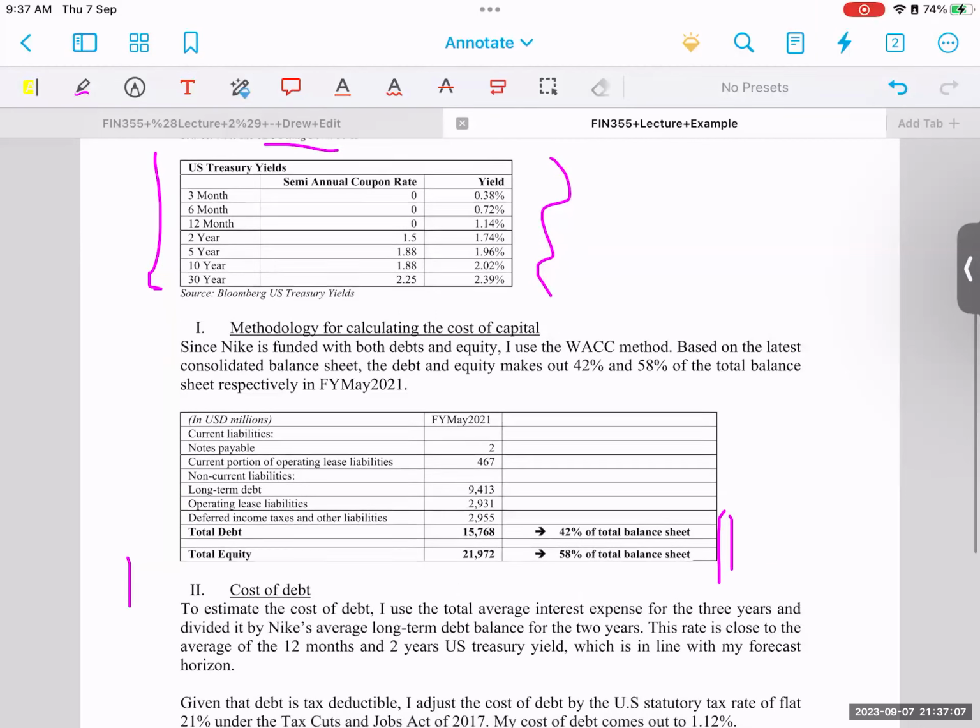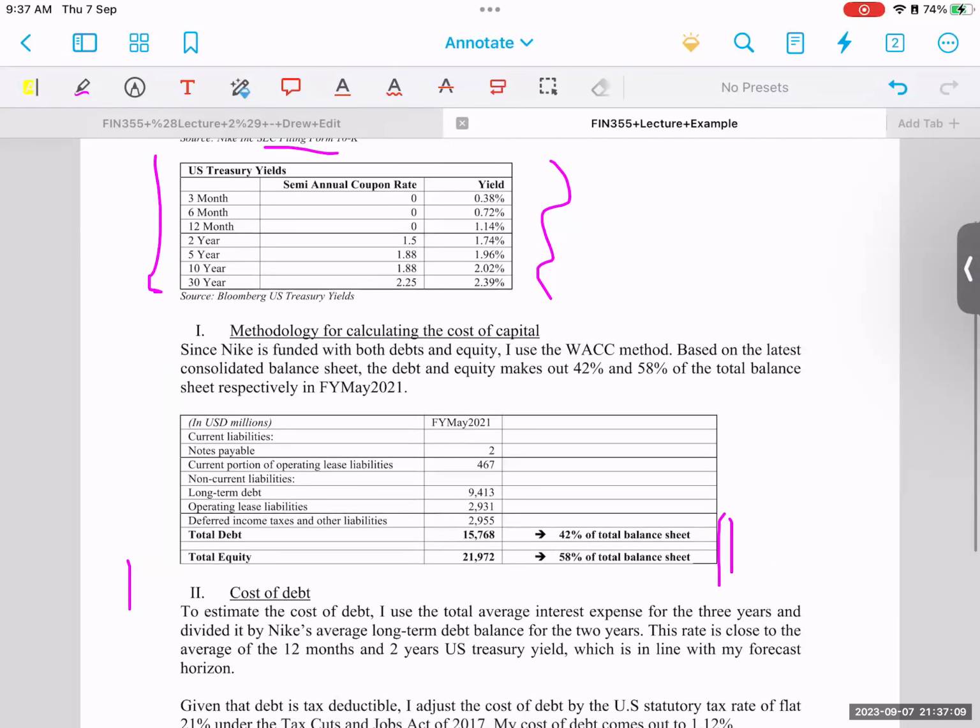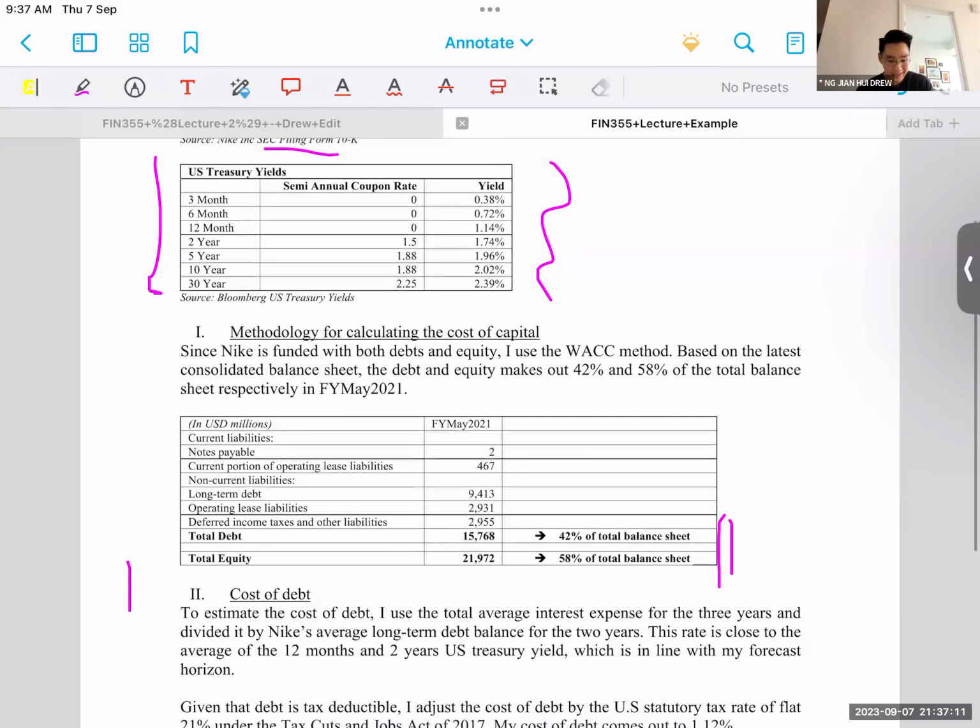It's not debt. So I don't think these should be included in the total debt. Yes, that's a very good point. Long-term debt is okay, but the operating lease liability and the deferred income tax are liabilities, but not debt. Yes, you are right. That's correct.